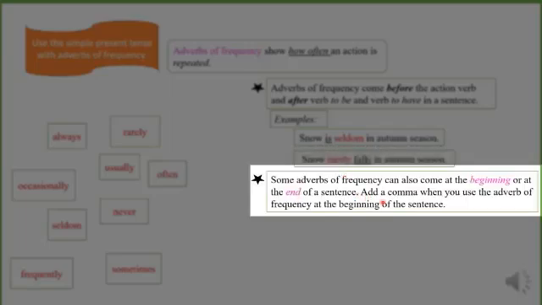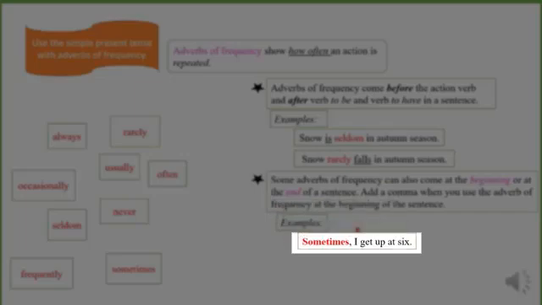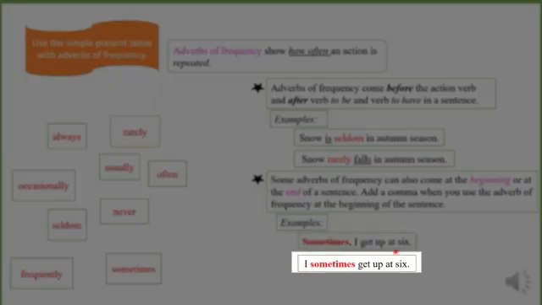Some adverbs of frequency can also come at the beginning or at the end of the sentence, but whenever you want to use them in the beginning, you have to add a comma. For example, sometimes, I get up at 6. I sometimes get up at 6.